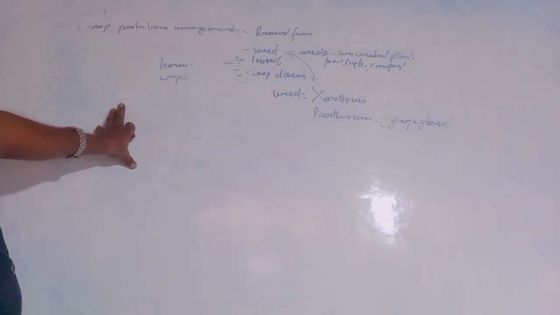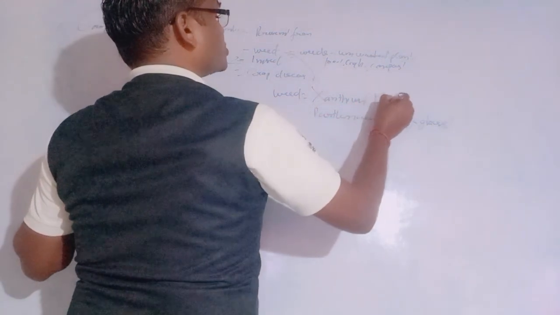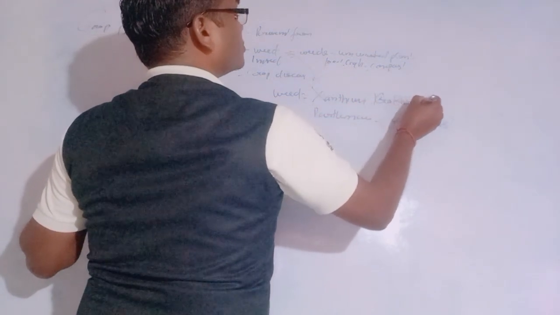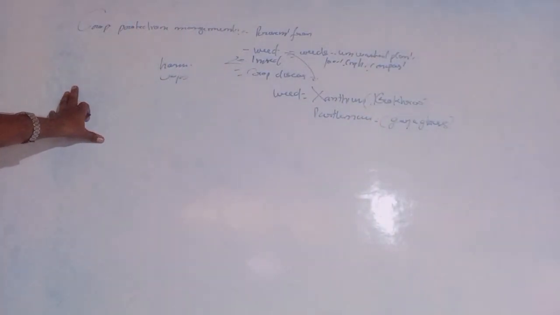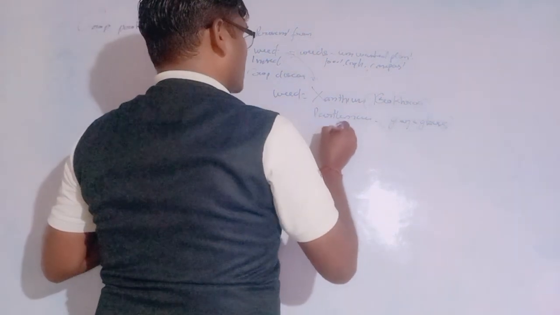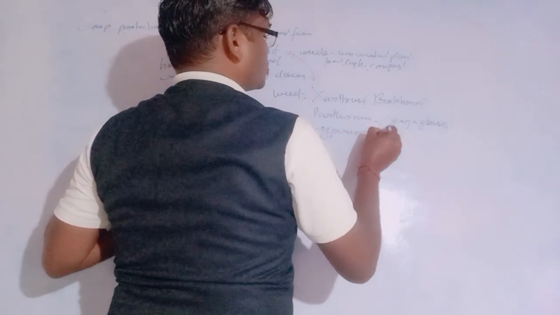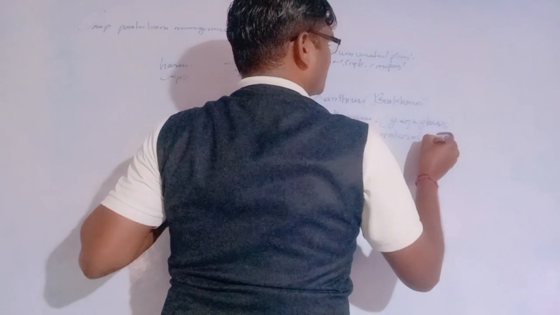Xanthium is called gokhru ghas, and Parthenium is called gajar ghas. Other weeds include Cyperus rotundus, which is also called motha.